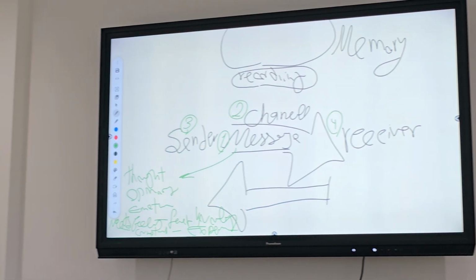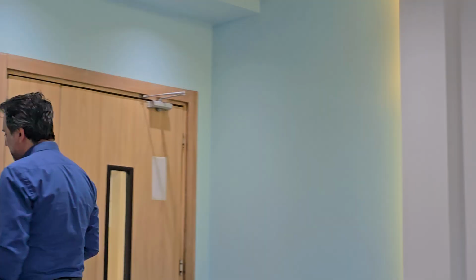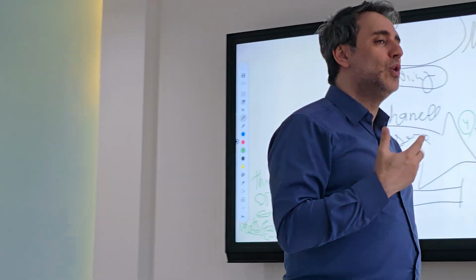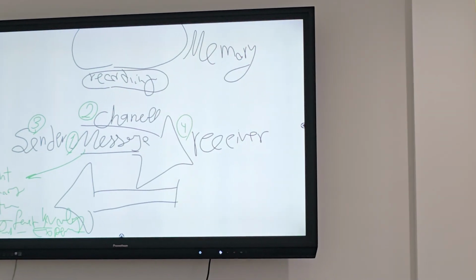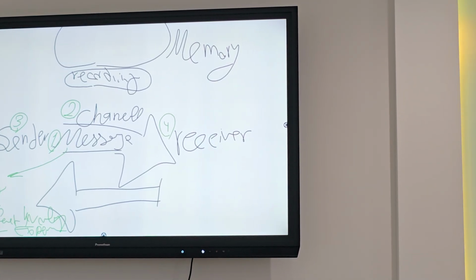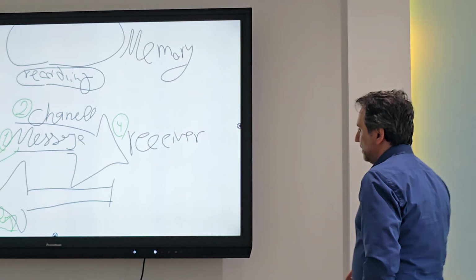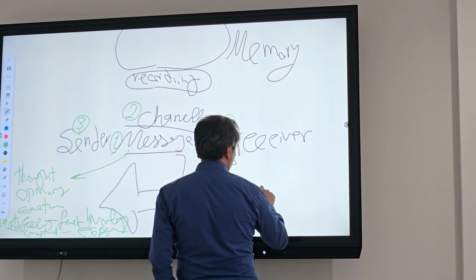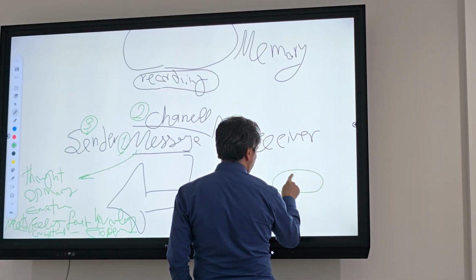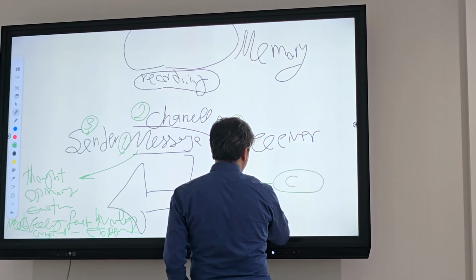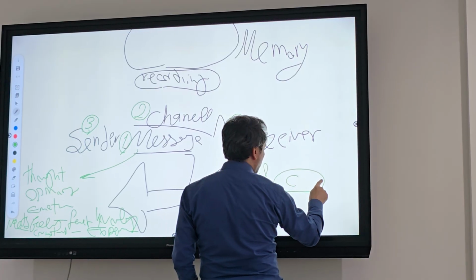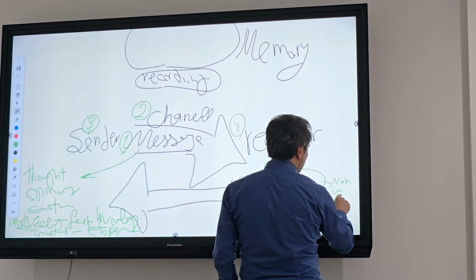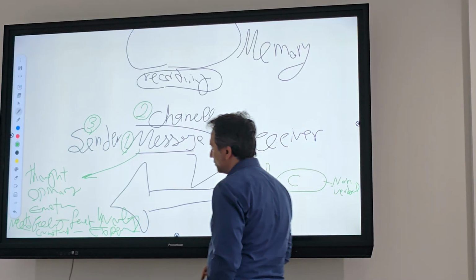When you use words for this message transmission, we call it verbal communication. But when you don't use words for transferring the message, we call it non-verbal communication. So, communication is of two types. Verbal, you use words. Non-verbal, you don't use words.